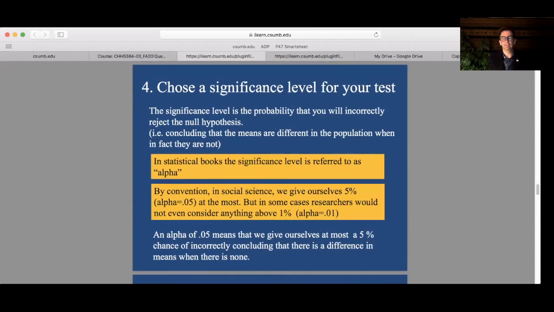Then, just like in the chi-square test, you will choose a significance level for your test, right? And in statistical books, the significance level is usually referred to as alpha. And in social science, and this is basically coming from APA, the American Psychological Association, we use 5%.